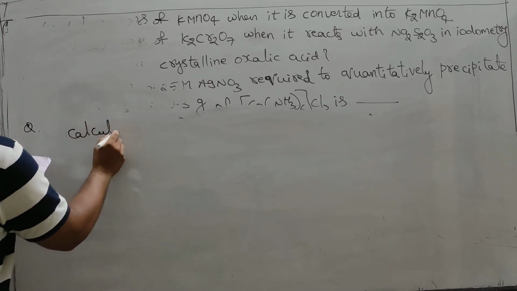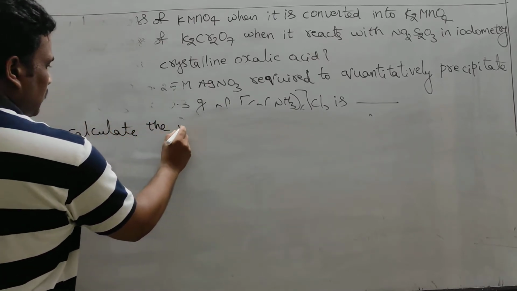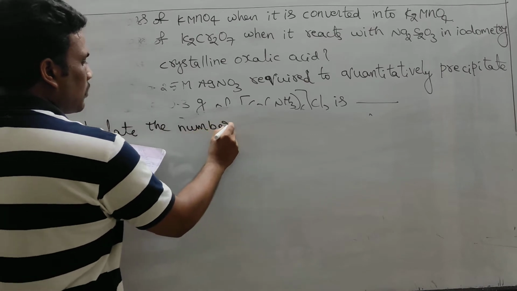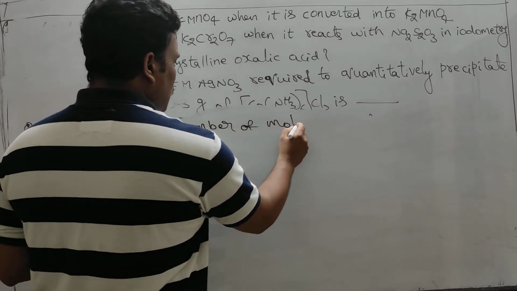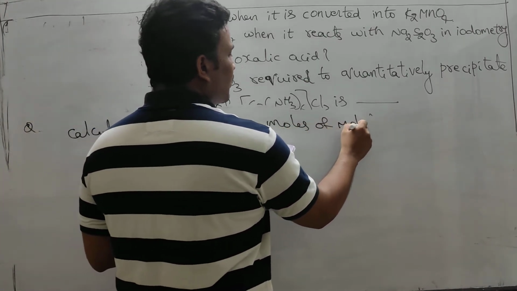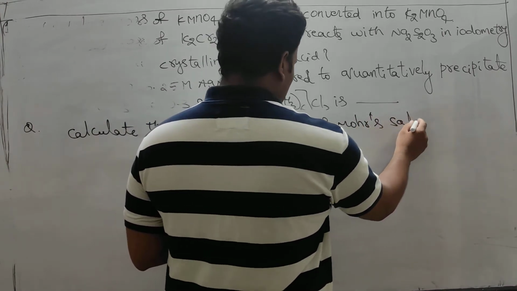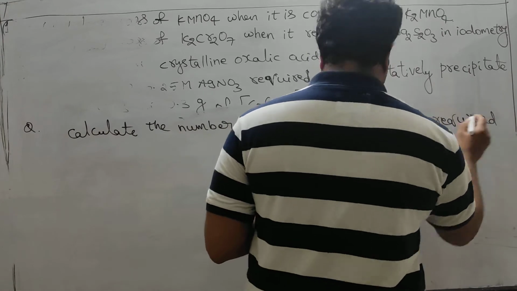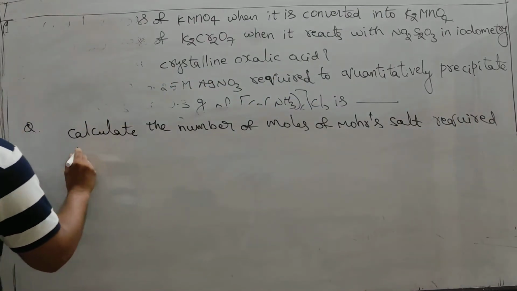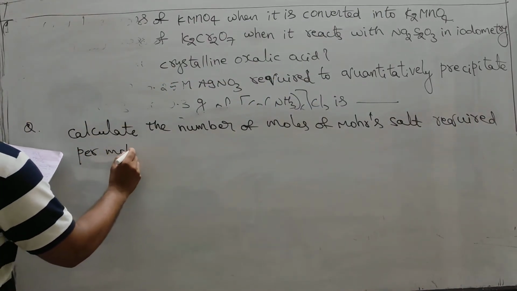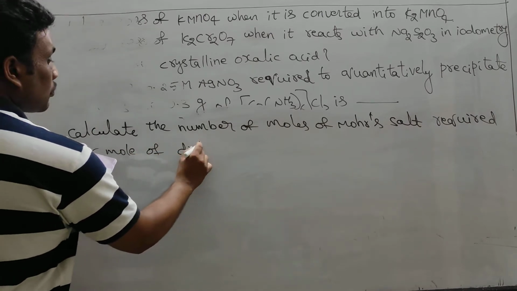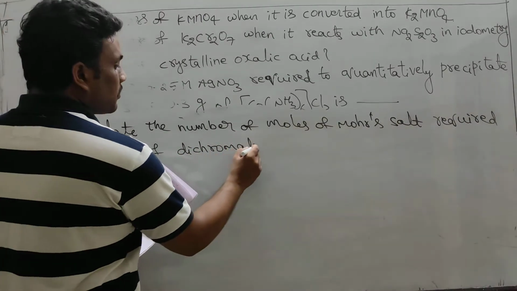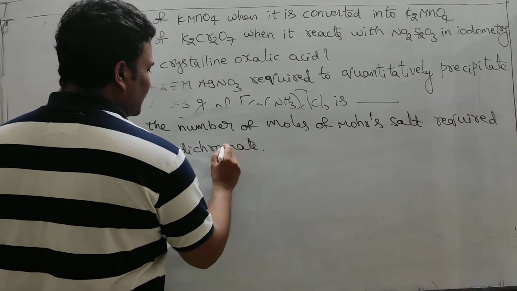Calculate the number of moles of Mohr's salt required per mole of dichromate. Sir, medium not given? Sir, no need.